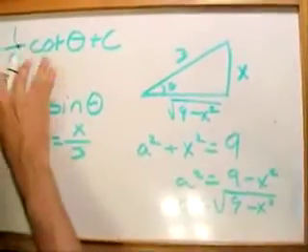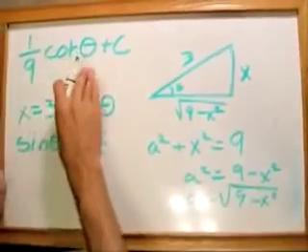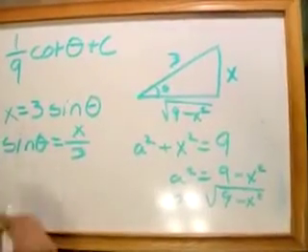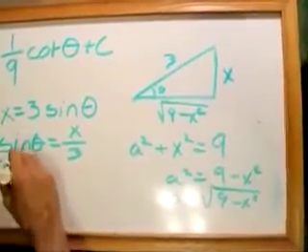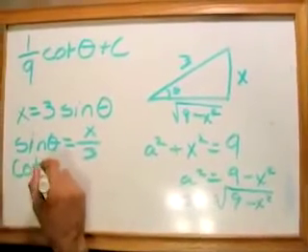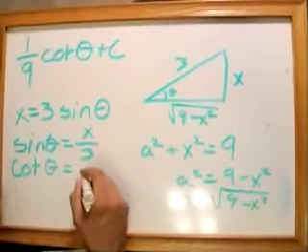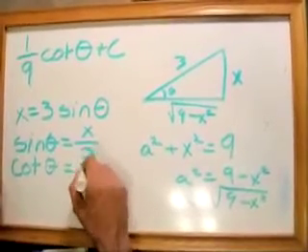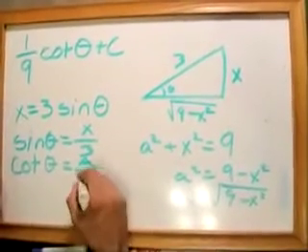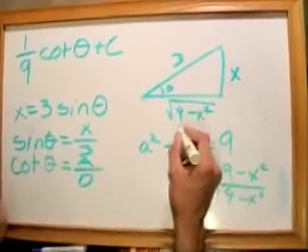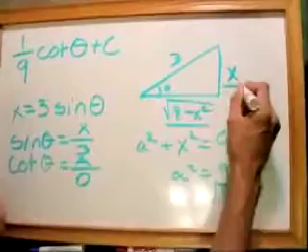So then we know that the final answer is equal to 1/9 cotangent theta plus c. Cotangent is equal to adjacent over opposite. So we know that this is the adjacent and this is the opposite.